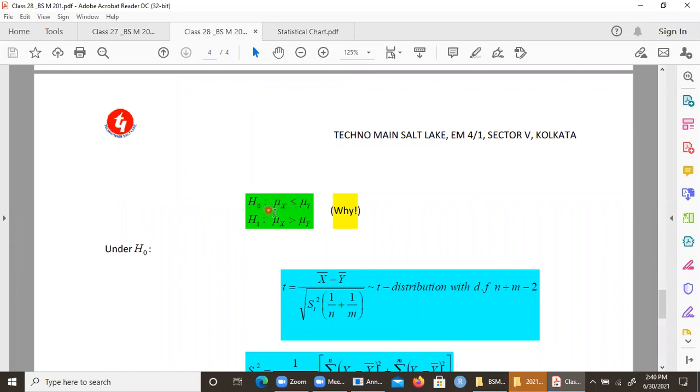Now suppose mu x is the mean effect due to drug 1 and mu y is the mean effect due to drug 2. So three cases may arise. The effect of drug 1 is lesser than drug 2. The effect of drug 1 is greater than drug 2. The effect of drug 1 and the effect of drug 2 are the same. Now, for the same case, you put it inside the null hypothesis.